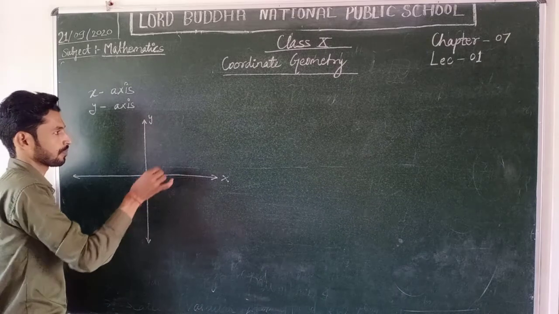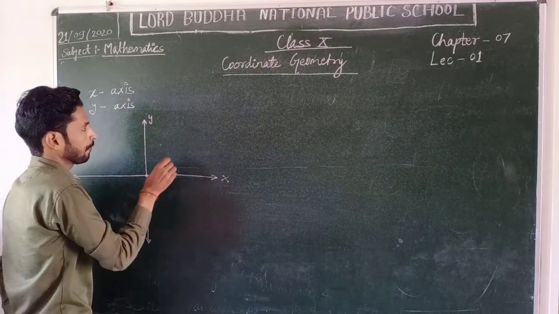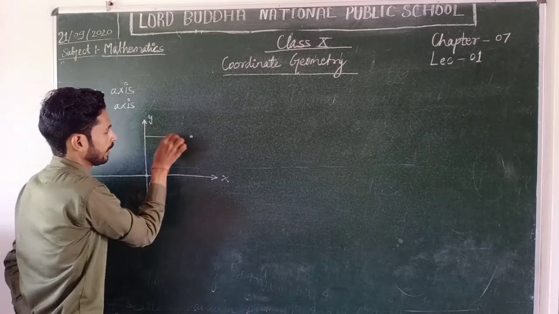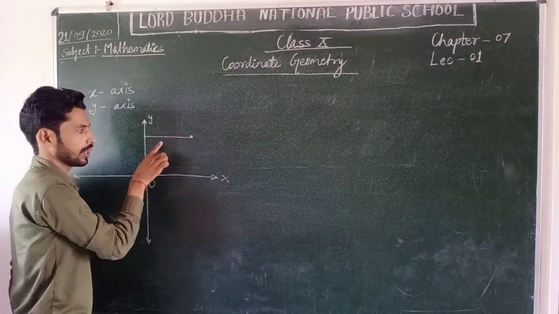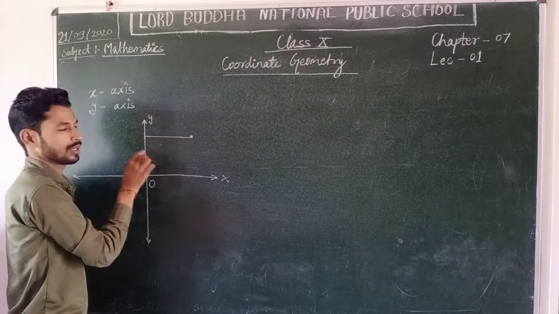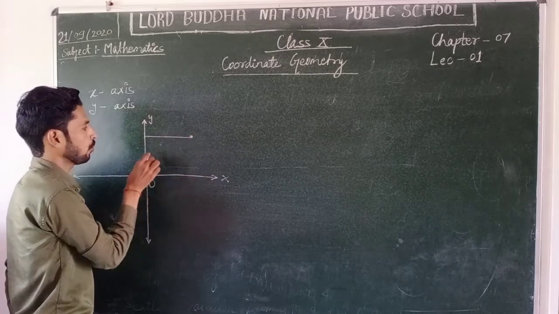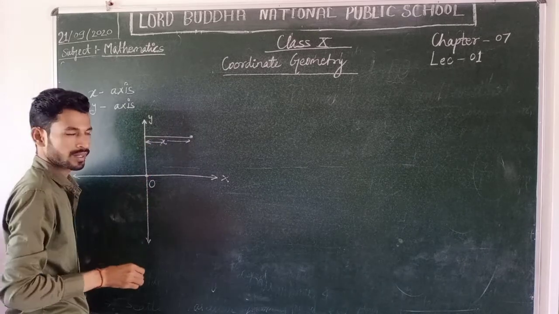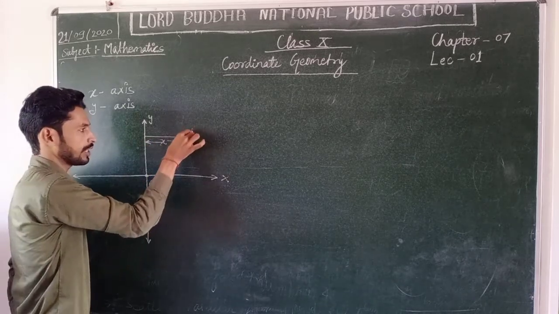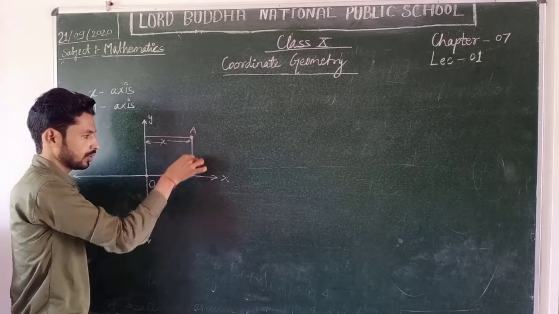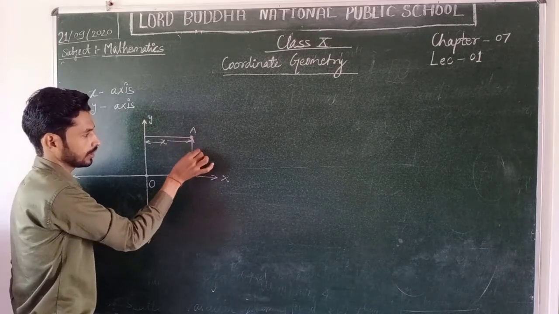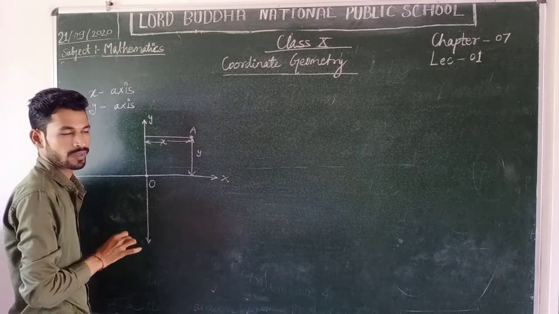Suppose there is a point A, and it is at some distance from the y-axis, then that will be the value of x. And this point A is also at some distance from the x-axis, that is the y coordinate.